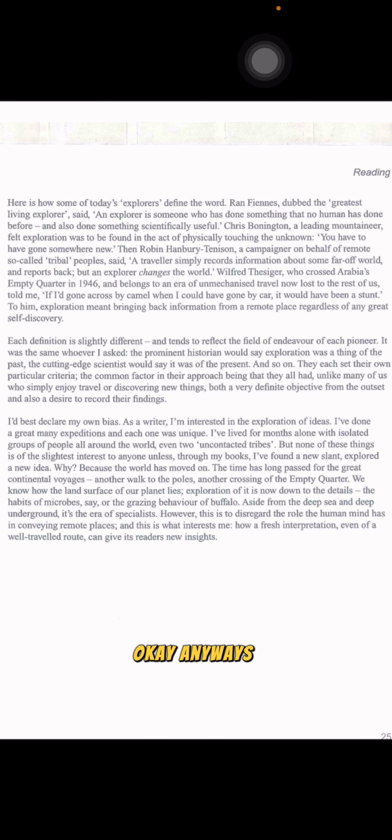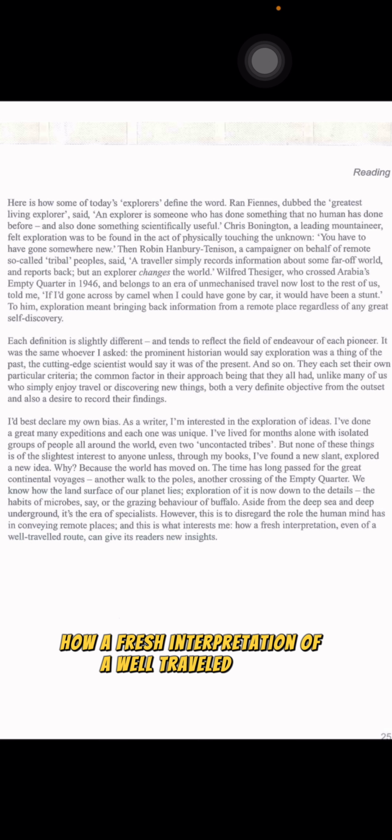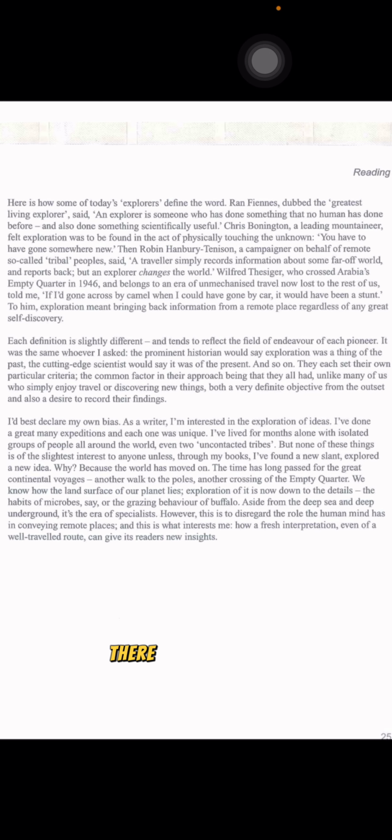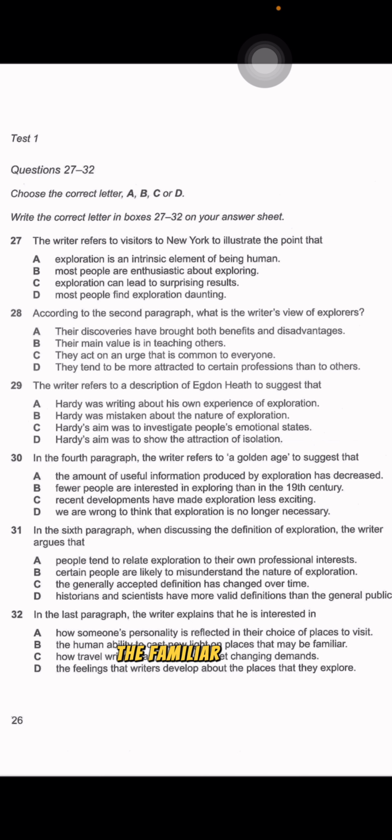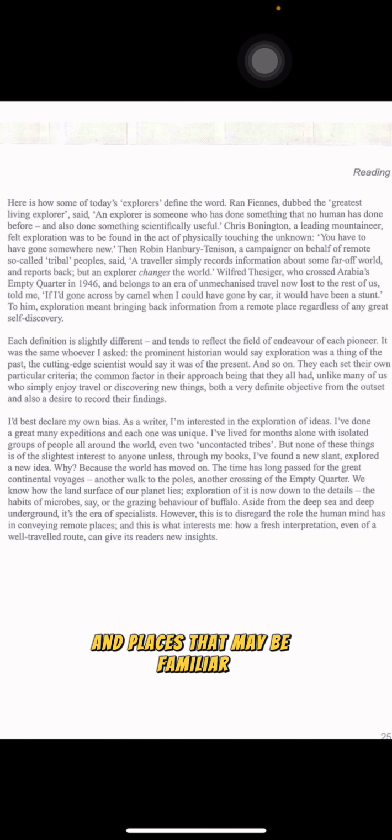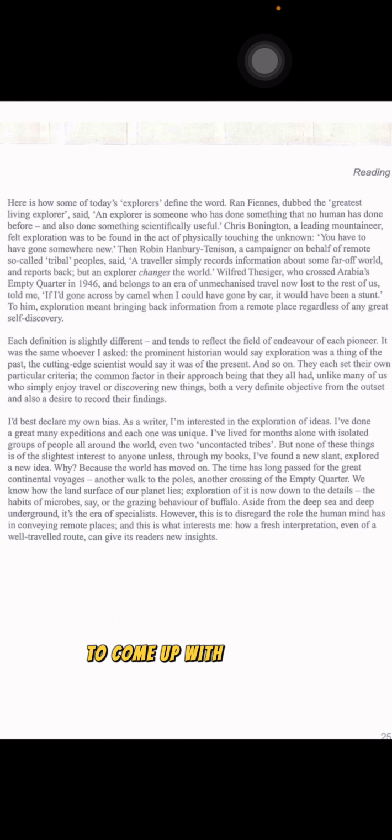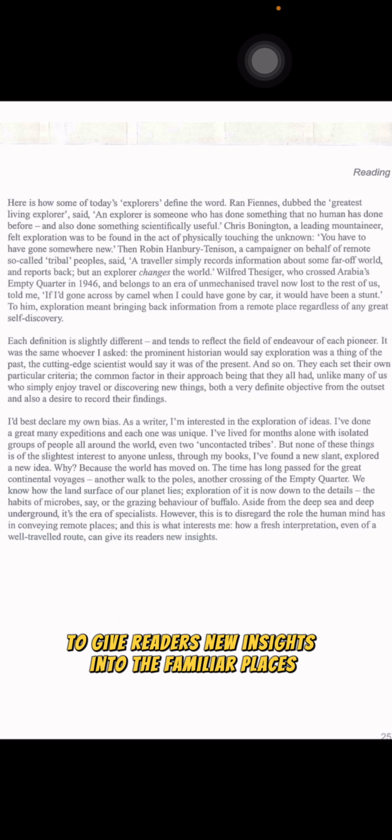Okay. Anyways, the last line: how a fresh interpretation of a well traveled route can give its reader new insights. There is the answer. The familiar place, the human ability to cast new light on places that may be familiar, to come up with a new idea, to give readers new insights into the familiar places.